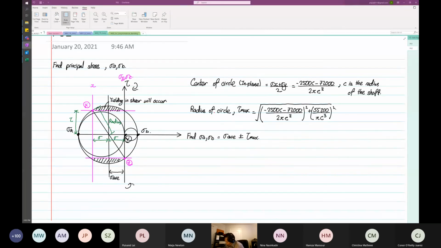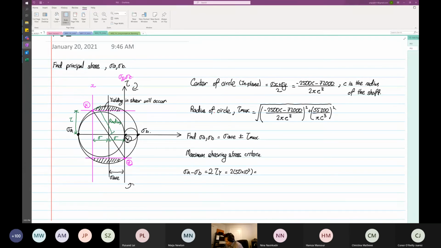The maximum shearing stress criterion that the question tells us to use: stress A minus stress B will be equal to twice the shear stress, which is 2 times 50 times 10 to the power 3.